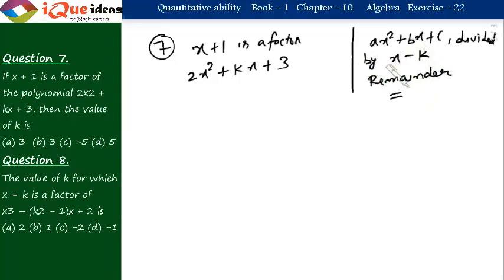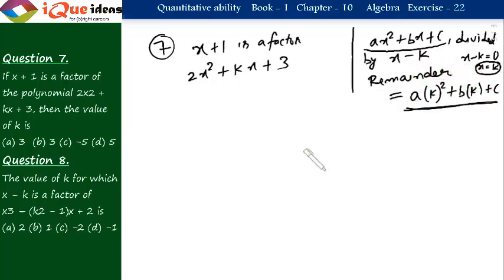Now listen to this very carefully. To find the remainder, you equate the divisor equal to 0, you get x equal to k, put x equal to k in the given expression. So you get a into k square plus bk plus c. This value will be the remainder.